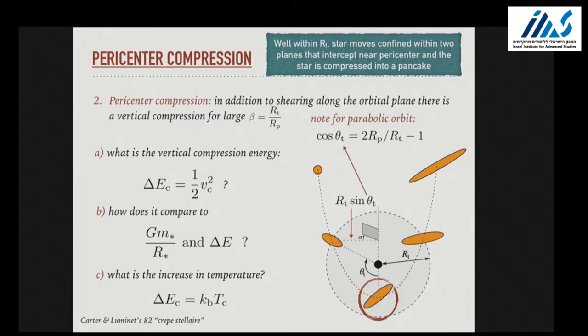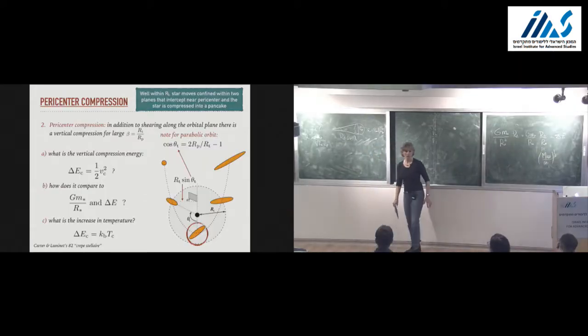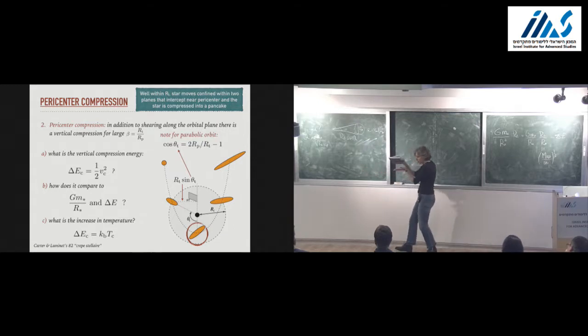Okay, we'll go to, so someone can tell me what is this compression velocity per center? What is it? This compression velocity comes at the expense of the orbital energy of the star. The star is compressed within the plane and squeezed.